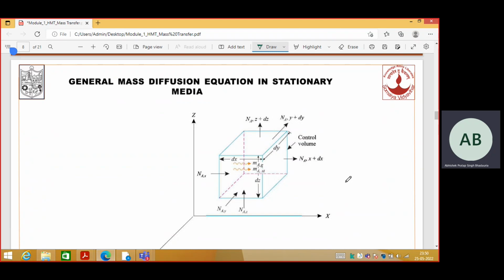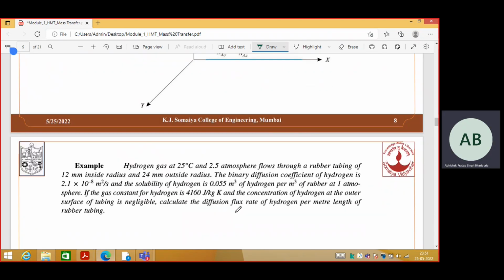In the similar fashion, we can formulate the problem and derive the expressions for mass transfer through the plane wall, the cylinder, and the cylindrical shell. Now let's see how we can solve some problems on mass transfer.